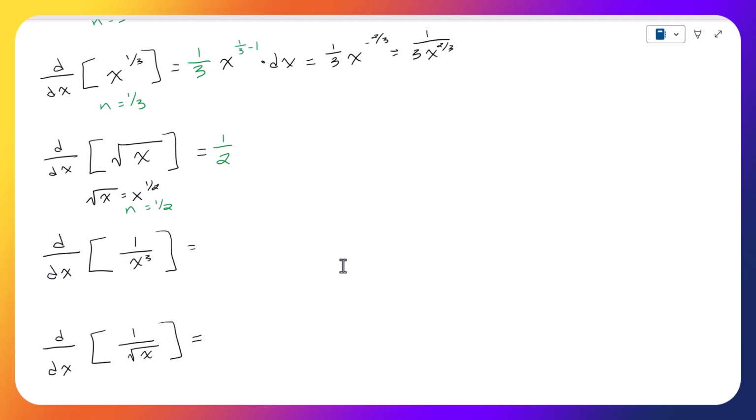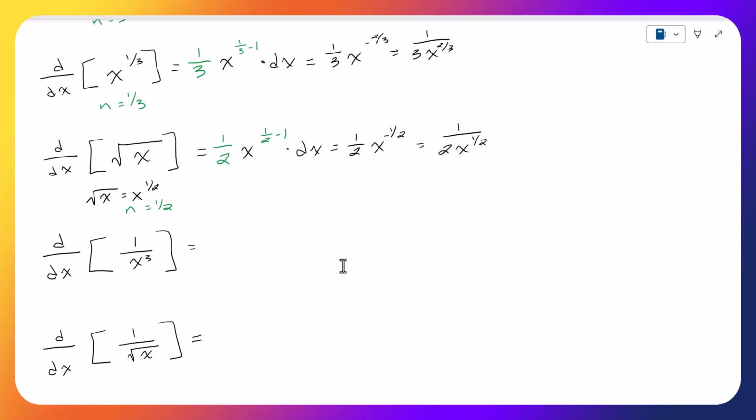We get 1/2 times x to the 1/2 minus 1 times dx. Then we get 1 over 2 x to the negative 1/2 times dx, which is just 1. And then again, make our exponent positive, 1 over 2 x to the positive 1/2. If you wanted to, you could turn that back into a root, but I'm just going to leave it as an exponent.